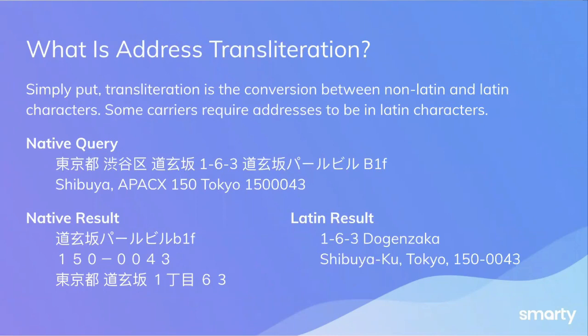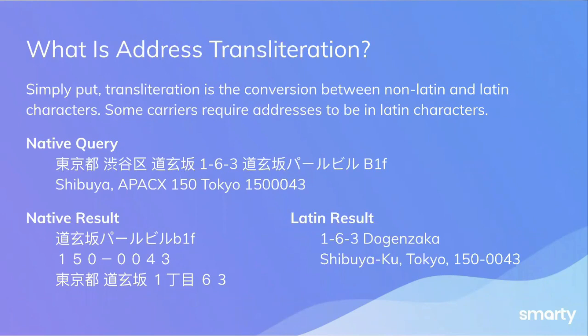As you can see, we've queried this native query here, and it's a mixture of Latin and other Japanese type characters. A native result would be all in native characters, and a Latin result would be all in Latin characters. I know that there are some carriers that won't accept kanji or any non-Latin characters in the result. So transliteration is simply the act of either returning a native result or a Latin result.